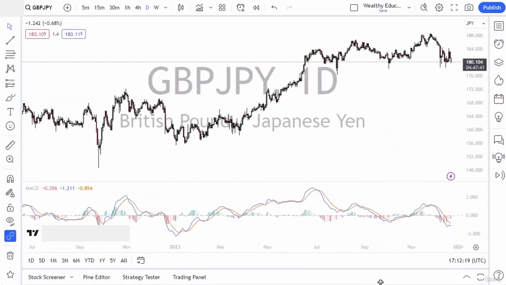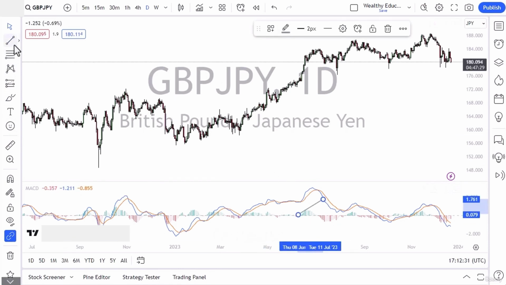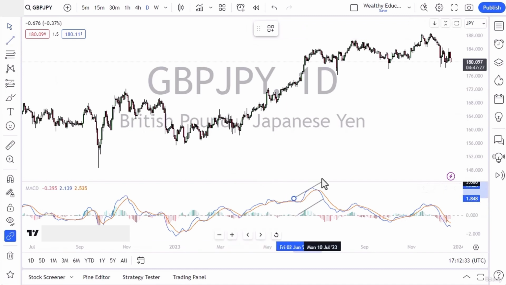Pound yen. So this is a good example here of divergence, bearish divergence. Specifically, it means that it looks bearish. We're rising in value, right?